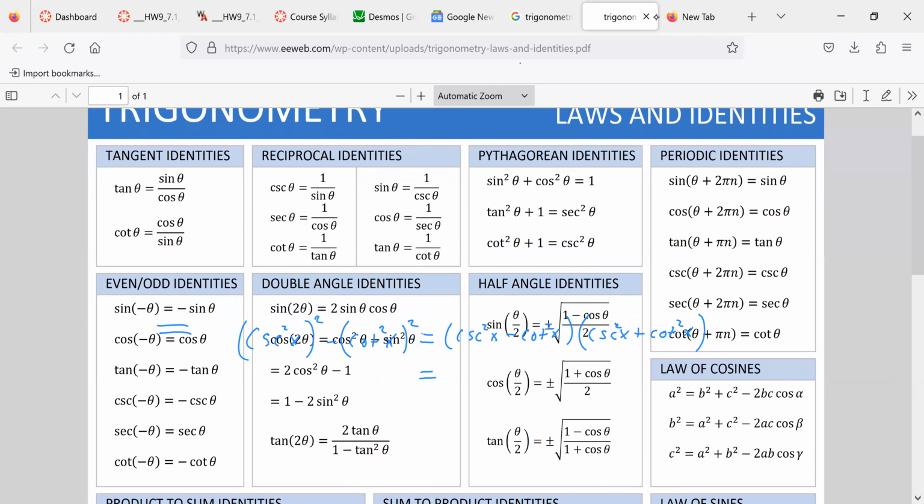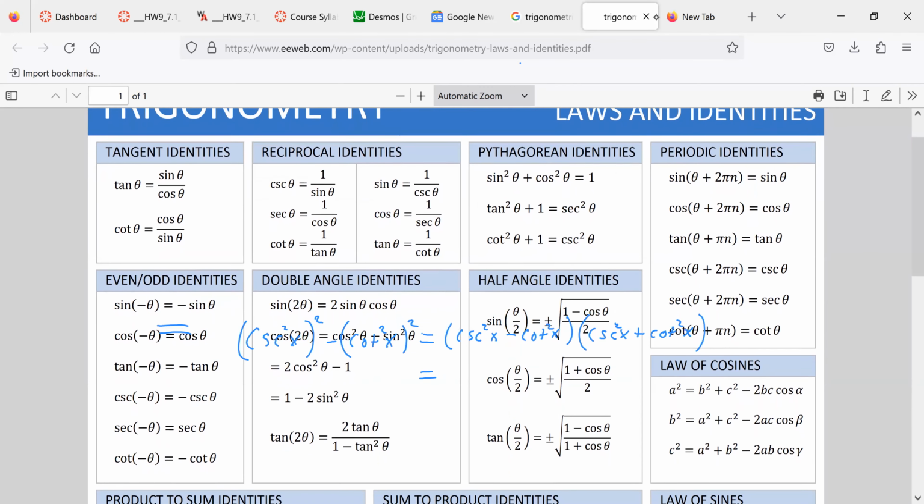If I subtract over the cotangent squared, this whole thing becomes a 1, doesn't it?